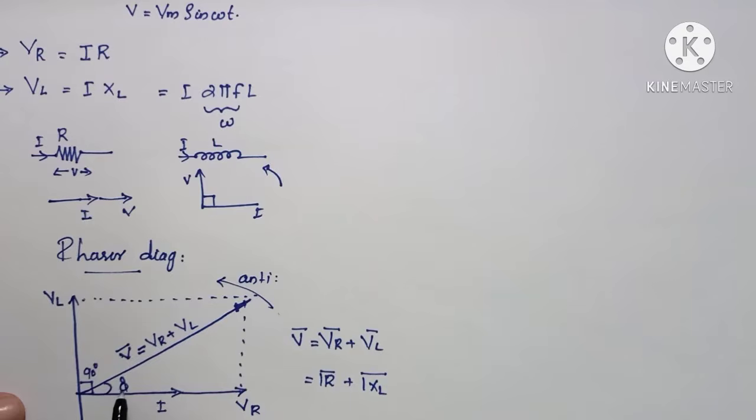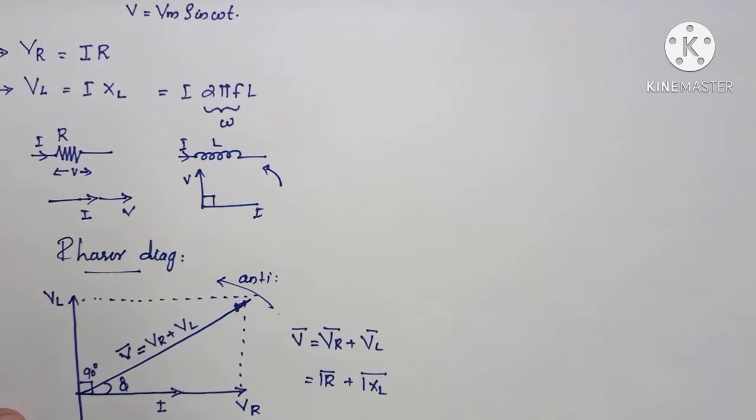Or otherwise we can say that in a pure RL series circuit, the current lags the applied voltage by an angle phi or theta. It is very important for some technical exams, and we should remember this point.